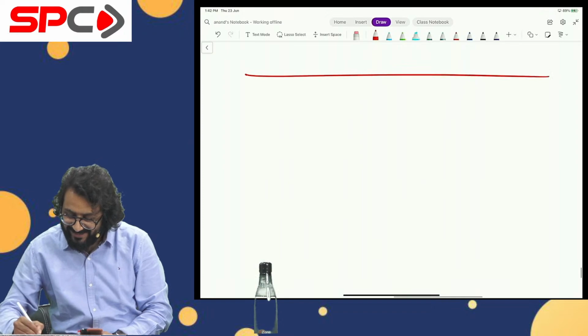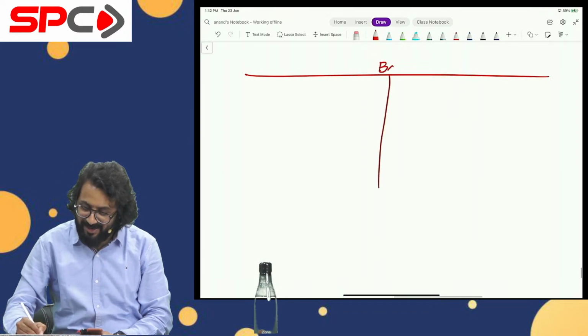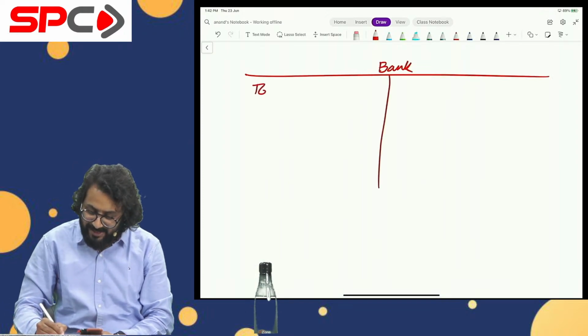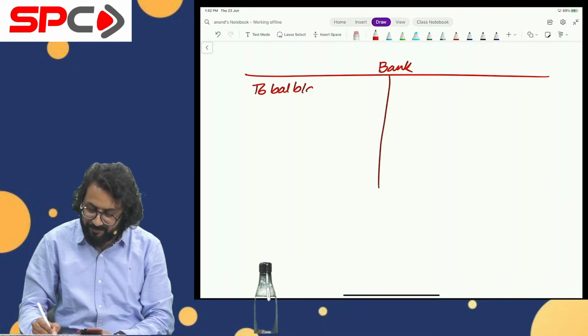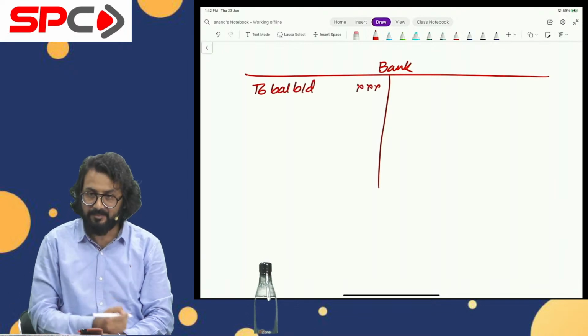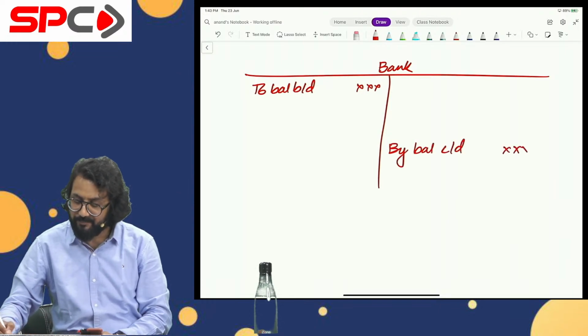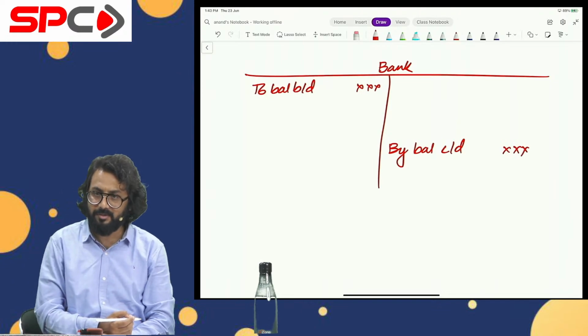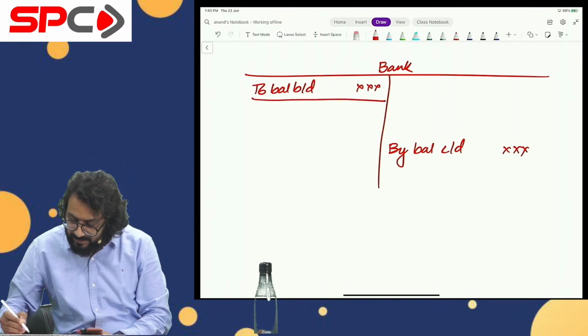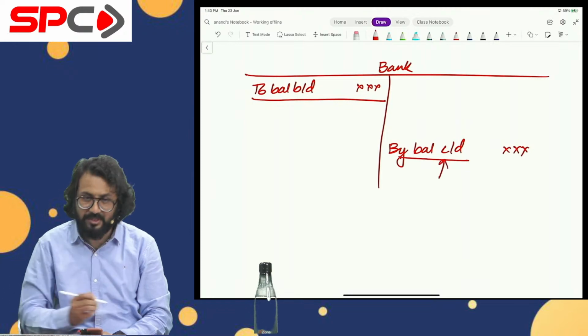So can I say when I draw a bank account, opening balance I will write down to balance brought down. Say yes. Closing balance I am going to write down credit side, by balance carried down. Have you understood? Please understand, this is opening balance, this is closing balance, C for closing.